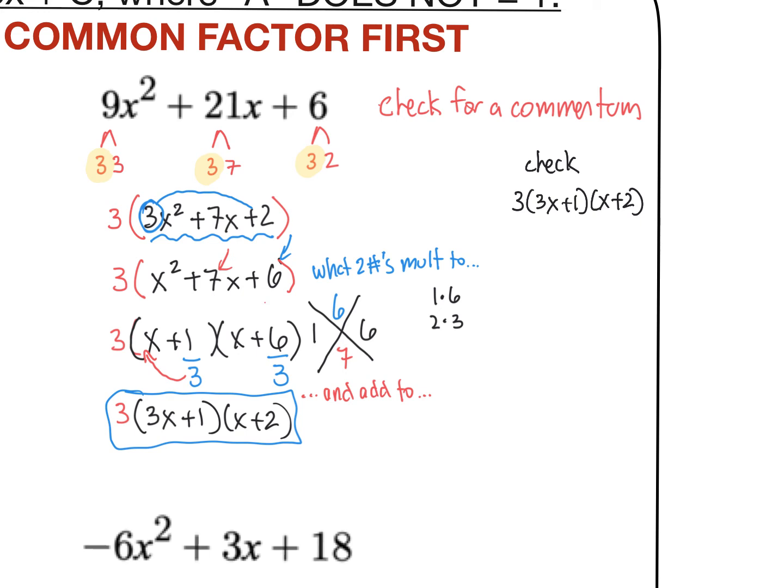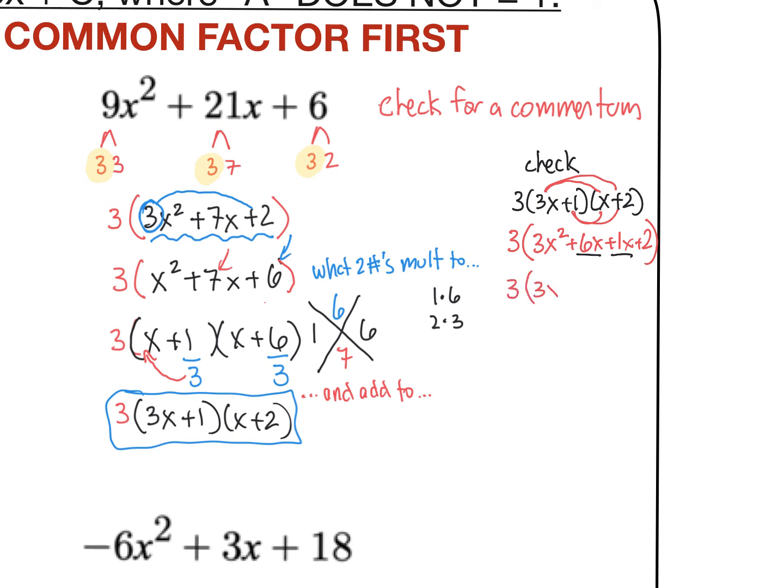First thing I want to do here is the FOIL. And I'm just going to bring this 3 down, and I'm going to put all the foily stuff in here, like that. Collect like terms, and bring everything down.